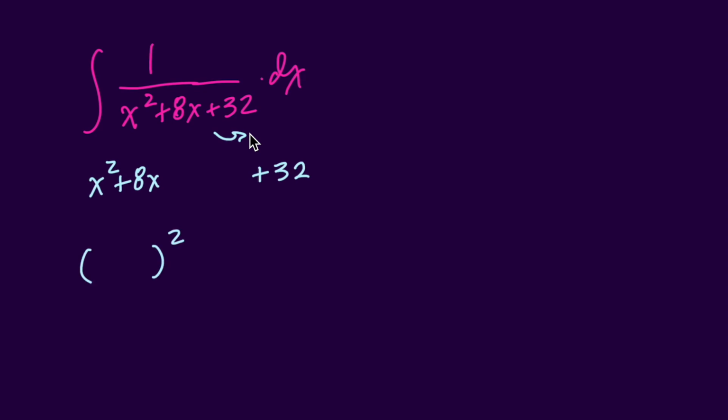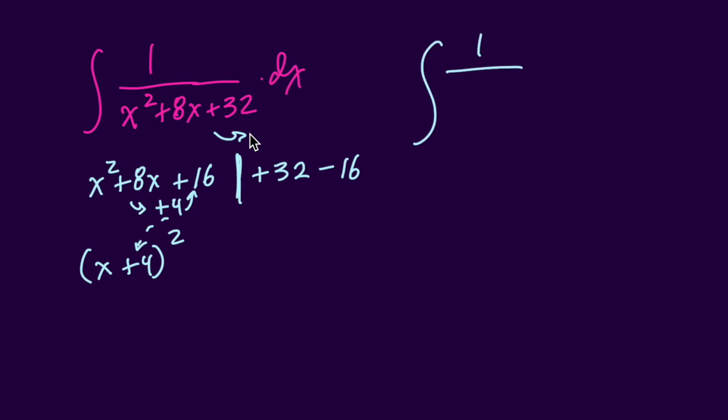We're going to have a drop-down number, which is half of the middle term, so that drops down into there, and then we have a makeup number, which is that squared. We keep these separate, and then we compensate by subtracting the makeup number there. That gives us 1 over x plus 4 squared, and this evaluates to plus 16.